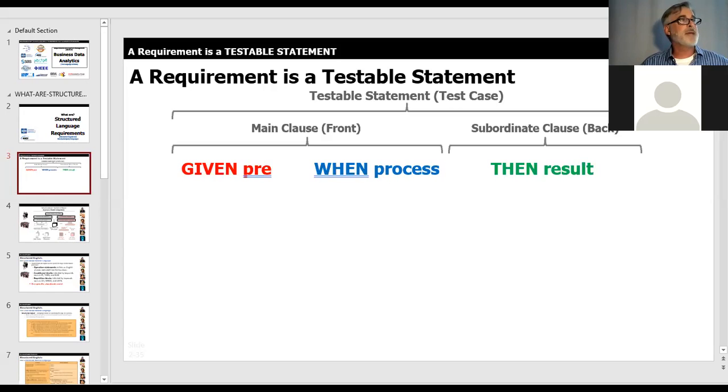So how does that affect it? It doesn't affect anything, whether it's SQL, structured or unstructured. The bottom line is that the result is whatever you're going to do to write the result. That's your subordinate clause. And the need statement from a requirement is generally a subordinate clause.